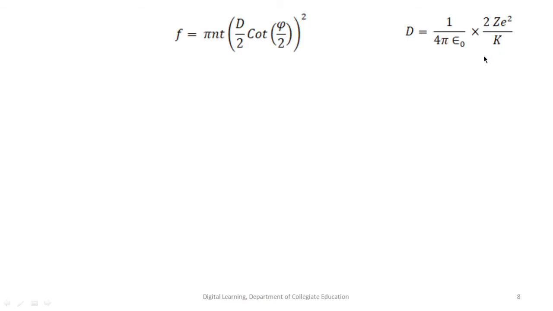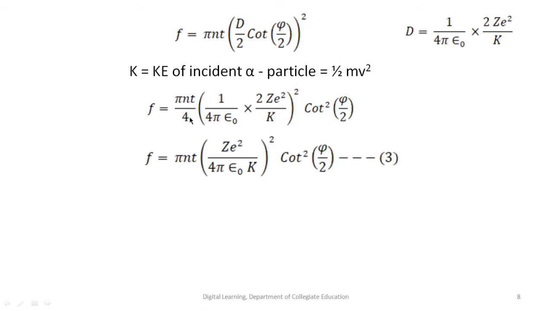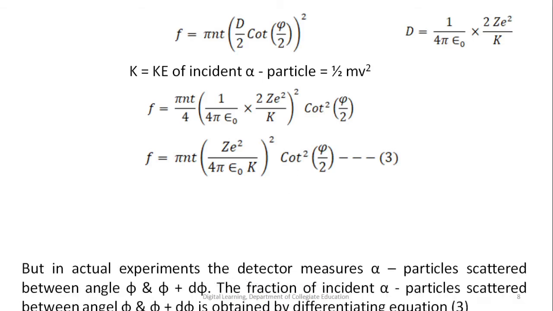Substituting this, F is equal to pi N T by 4 into 1 by 4 pi epsilon naught, 2 z e square by k whole square into cot square phi by 2. The 2 square cancels with the 4 here, giving pi N T into z e square divided by 4 pi epsilon naught k whole square cot square phi by 2. Call this equation number 3.